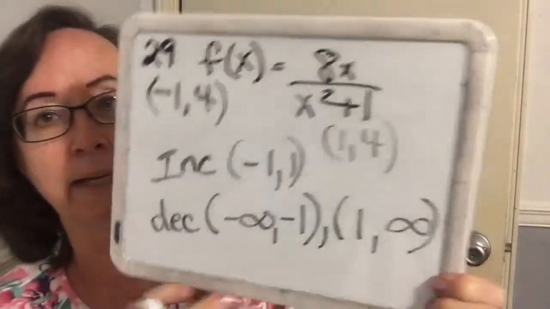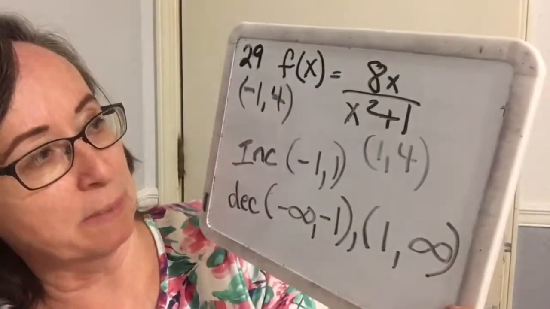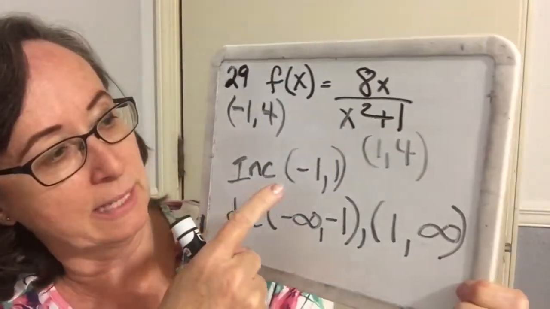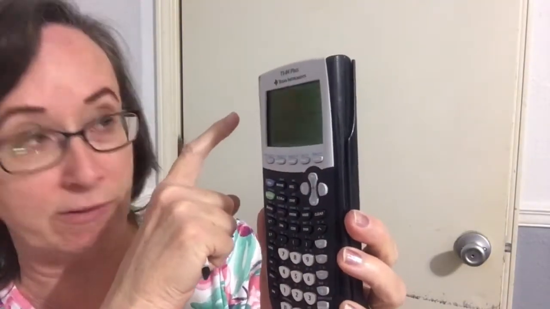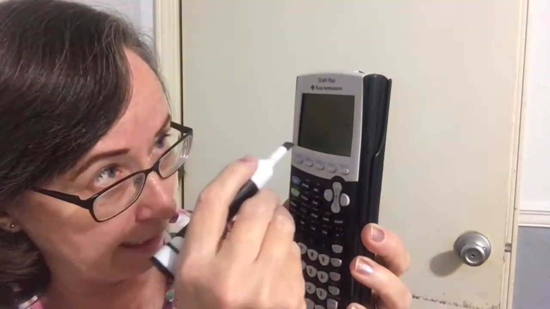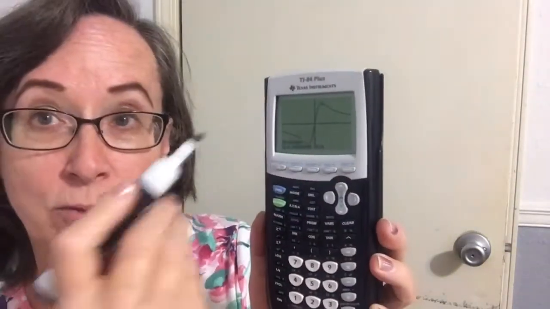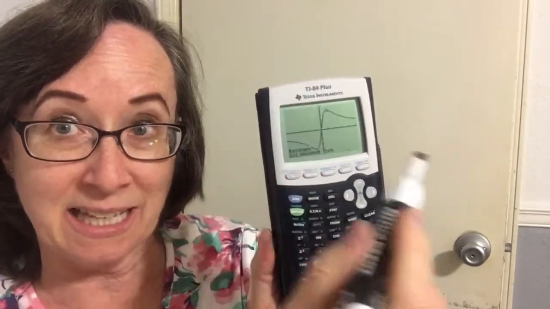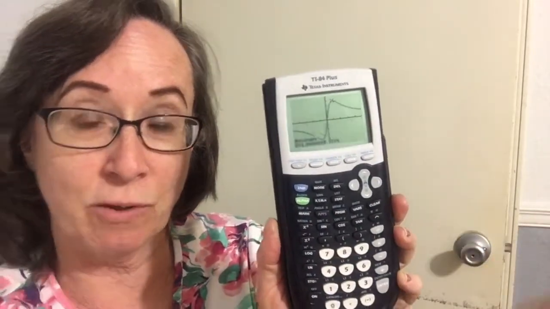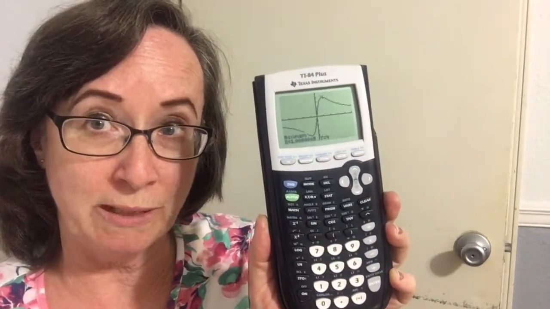Okay, so here, when we're talking about increasing, here's our graph again. Basically it's decreasing from negative infinity all the way to -1. And then it's going to increase from -1 to +1. Can you see that? And then it's going to decrease again from +1 all the way to infinity.